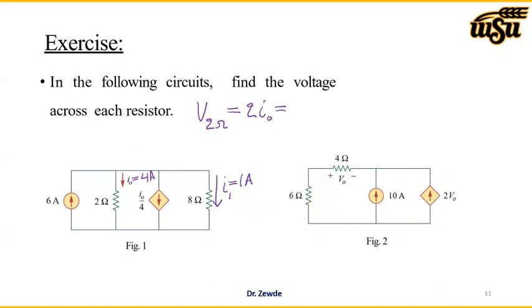Now I0 is 4, 2 times 4, which is 8 volt. The other one is the voltage across the 8 ohm resistor. I'll just use V equals IR, or Ohm's law. The resistance is 8, I1 is 1 amp, 8 times 1 will give us 8 volt. So it turns out that the voltage across these two components is the same.